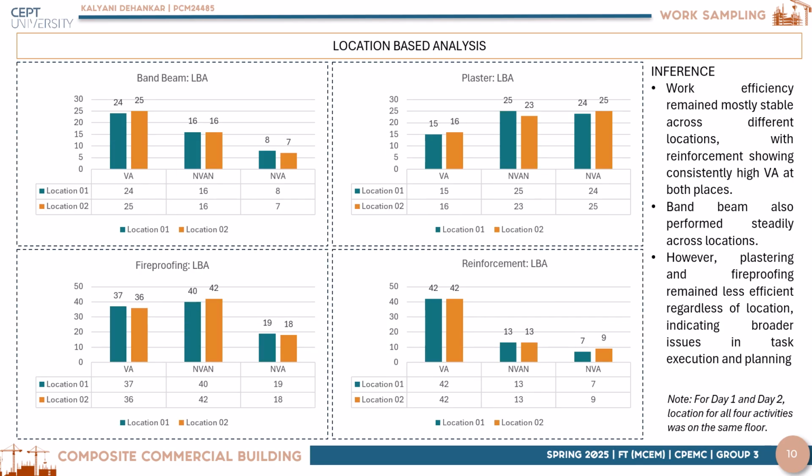Location-based analysis was conducted to compare the same activity being observed at different locations, which might affect the non-value added time. But for the activities which we were observing, the location was different but it was on the same floor, due to which the work efficiency remained mostly stable for all.